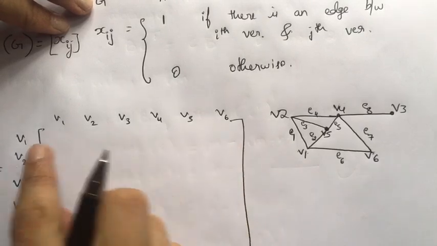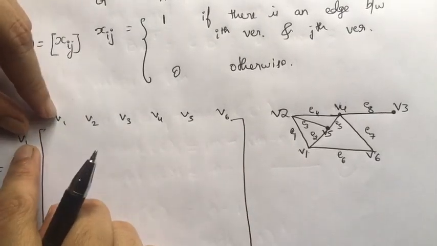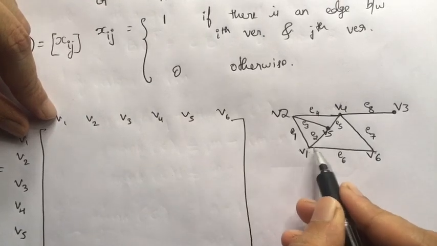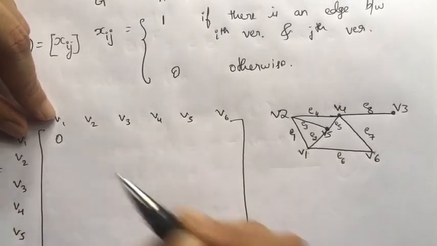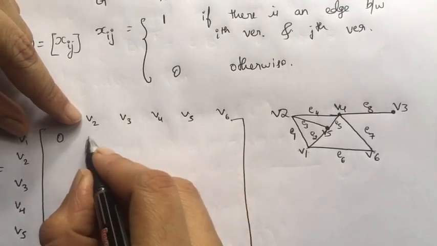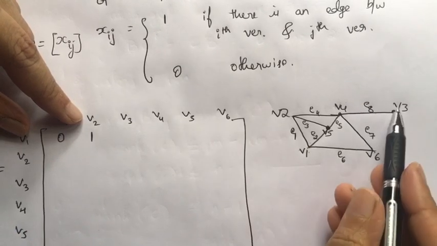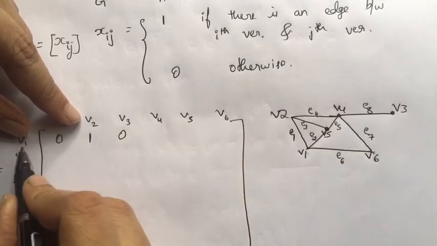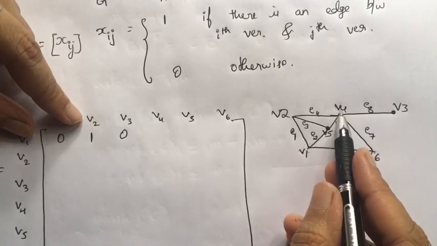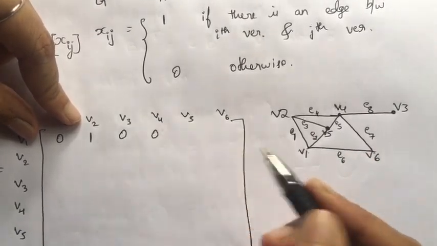Entry is 1 if there is an edge between ith vertex and jth vertex. There is no edge from V1 to V1 itself, therefore entry is 0. V1 to V2, there is an edge. Then V1 to V3, there is no edge. Between V1 to V4, no direct edge.